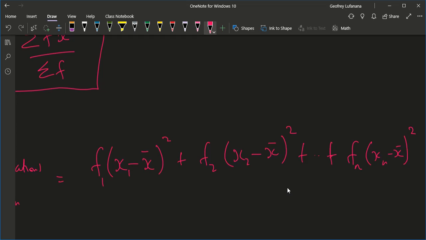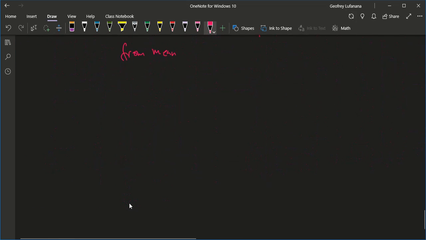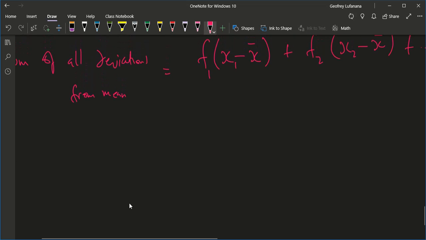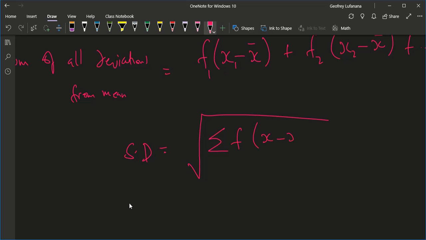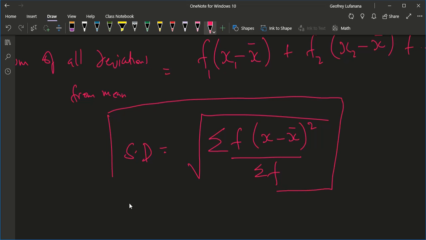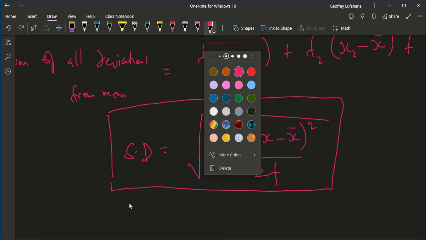So that's the sum of all the deviations, meaning that the formula for standard deviation in this case would be the square root of the summation of f into (x minus x bar) squared over the summation of f. This is the formula that we would use for standard deviation in this case.